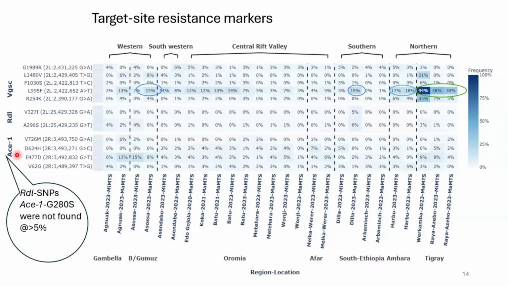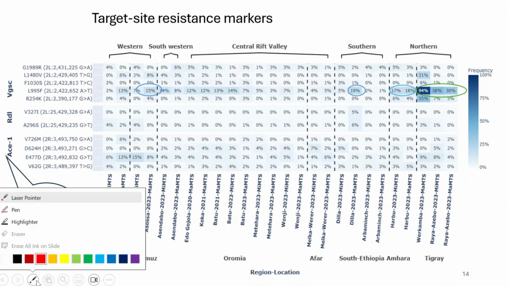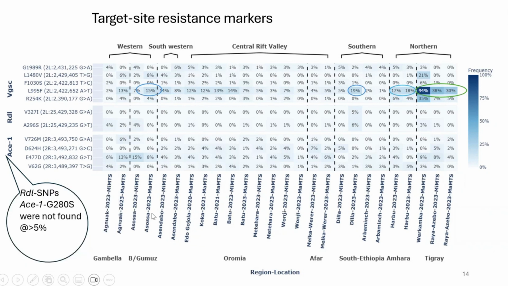We know that there are reports of insecticide resistance phenotypes against organophosphates in Ethiopian Anopheles arabiensis. However, we did not detect the target site mutation for organophosphates at acetylcholinesterase. So this can tell us that organophosphate resistance in Ethiopia might be driven by other metabolic resistance-conferring genes.